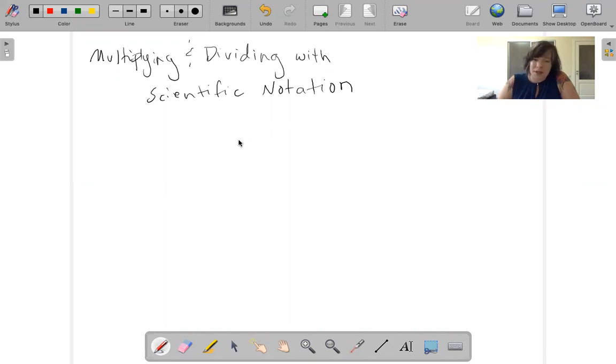So first, I have to make sure you understand the associative property of multiplication. Let's say 3 times 4 times 6 times 2.